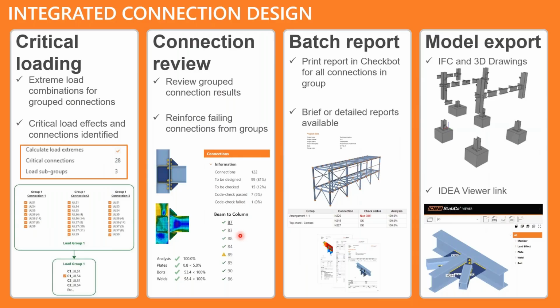And finally, from Checkbot, you can get a report for the selected connections and generate deliverables like IFC models or 3D drawings, and even this IDEA StatiCa viewer link. So again, I'm going to show you this process using RAM structural system.